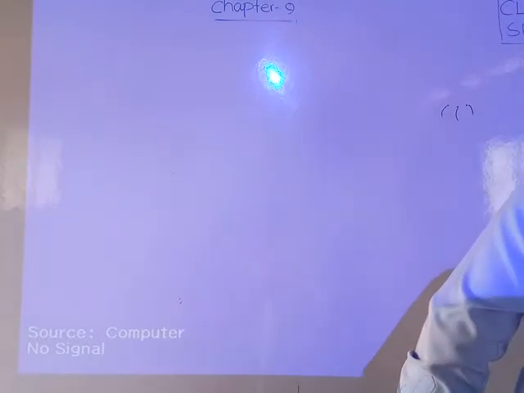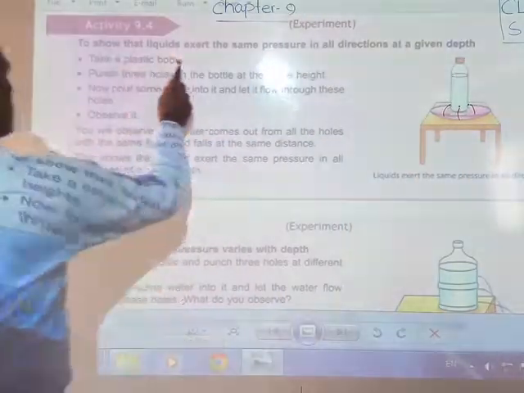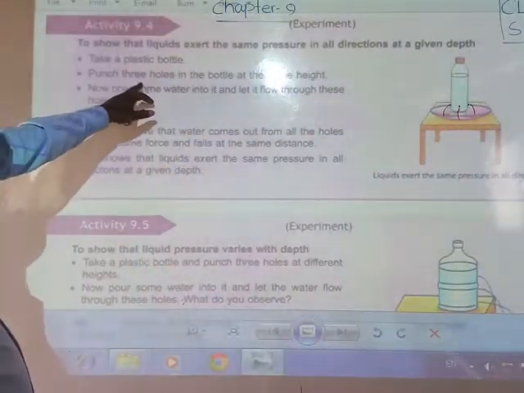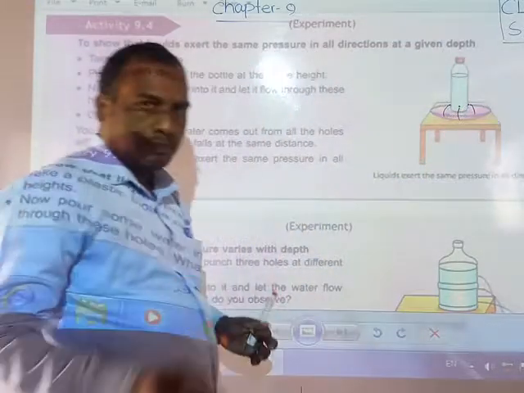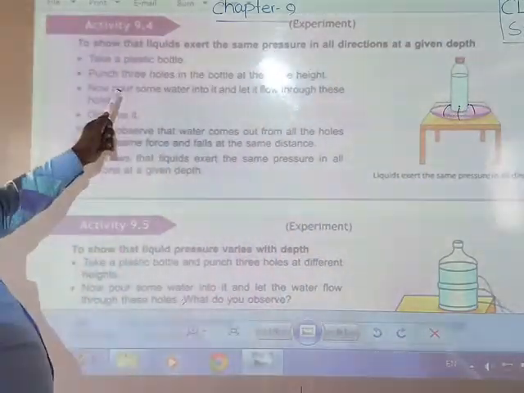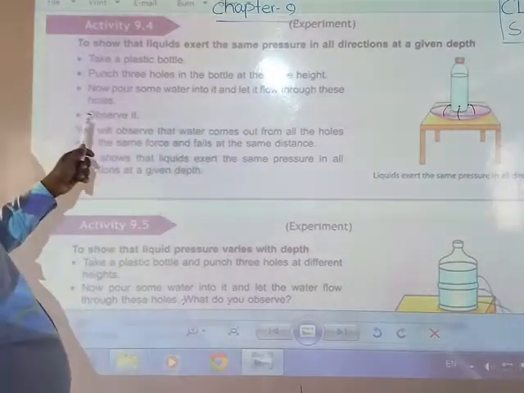Okay, so now friends, check here. First take a plastic bottle. Second, punch 3 holes in the bottle at the same height. Now pour some water into it and let it flow through these holes. Observe it.